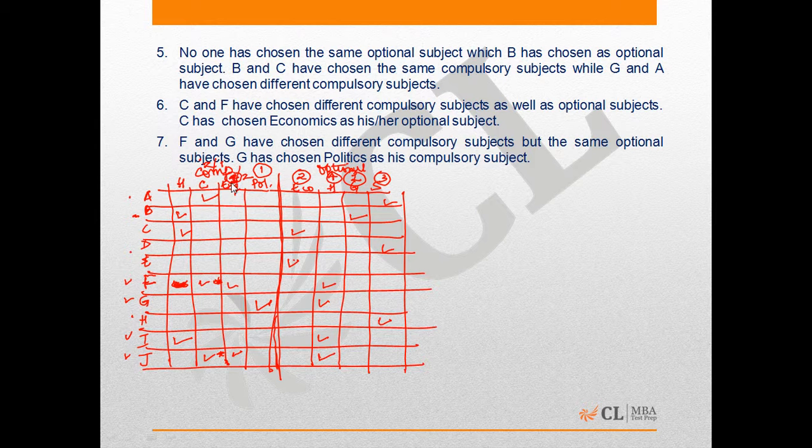This is completely dependent upon what F and J are going to choose, and history by 3. So one among chemistry and English has to be 1 and 4. The other 2 are going to come from the 2 members D and H. Now let's look at the questions.